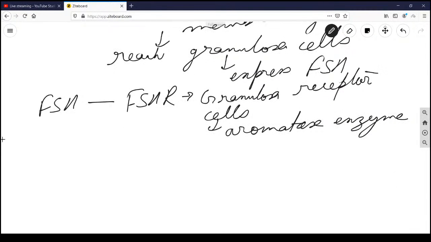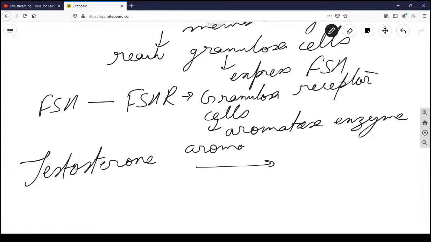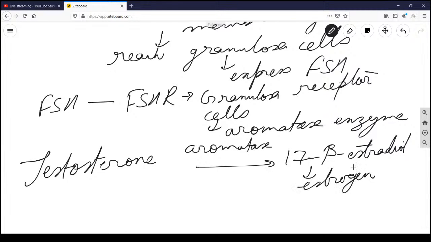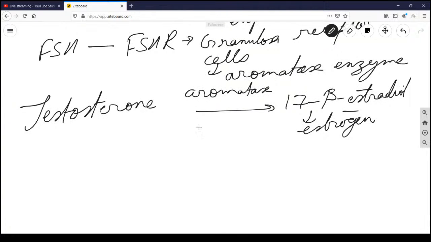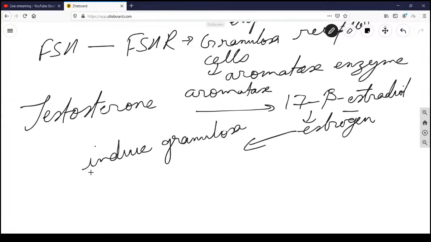Now the reaction will be testosterone will be converted to 17 beta estradiol, which is nothing but estrogen. Now this estrogen will leave the follicle and cause secondary sexual development in the other body parts and also induce the granulosa cells to express LH receptor.